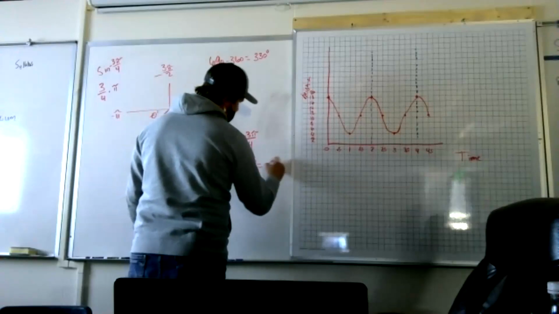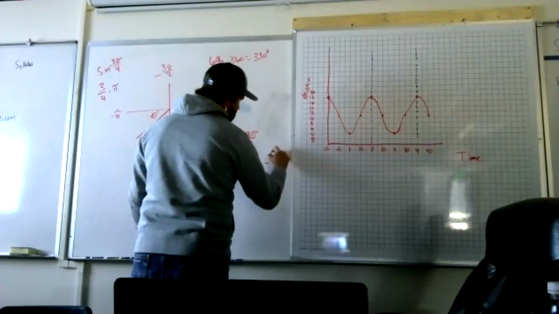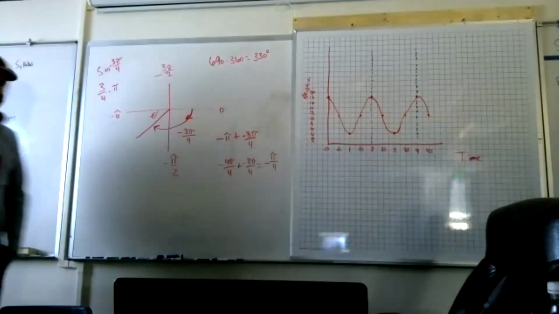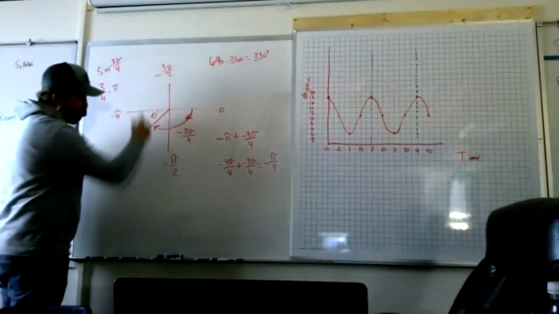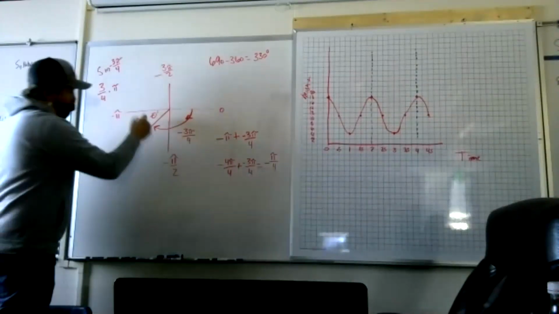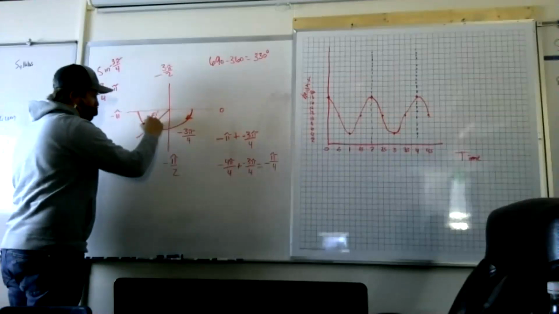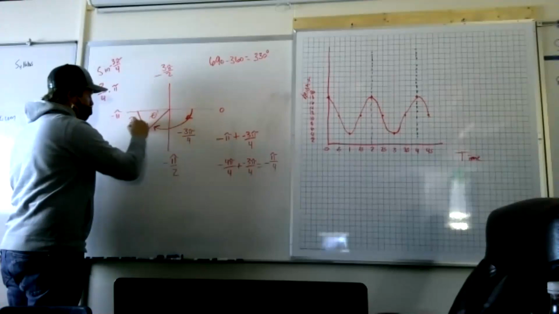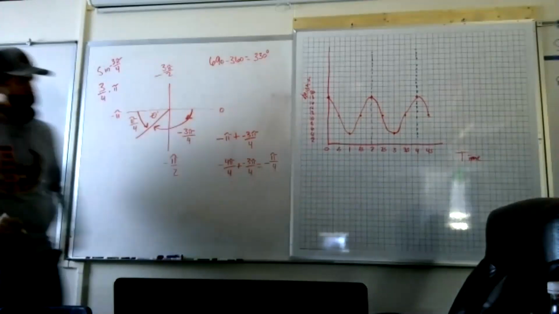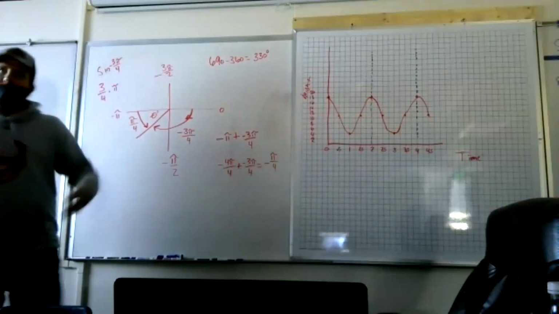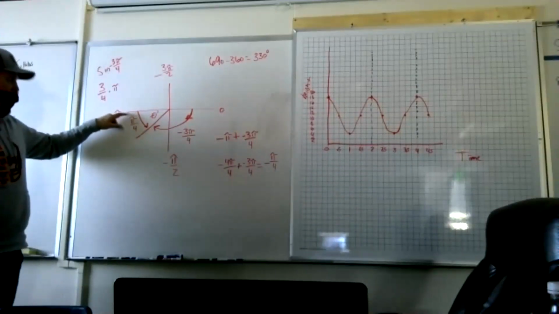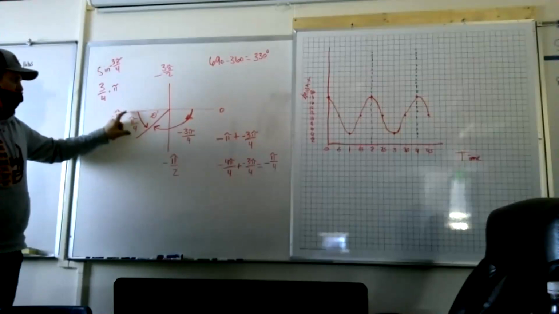And I would be left with a negative pi over 4 rotation. That represents this, representing the negative. But if I go this way, to hit my terminal side, I rotated pi fourths, right? That is just showing how much farther I would have needed to rotate in the negative direction to hit this axis. So the distance between here and here is pi fourths rotation.